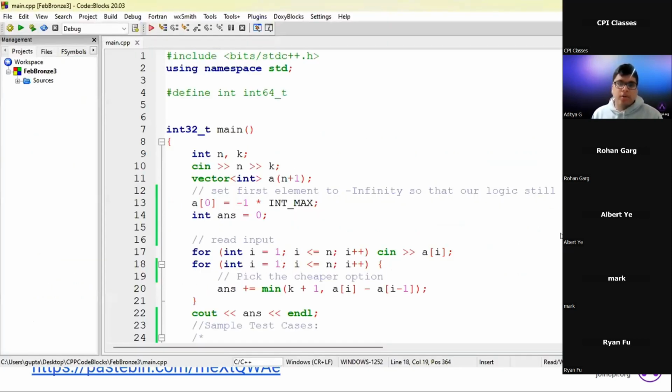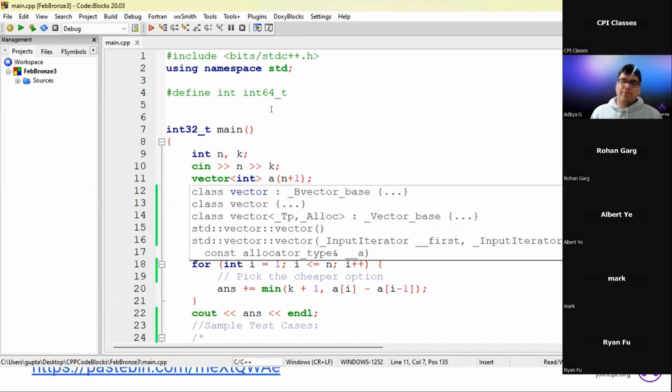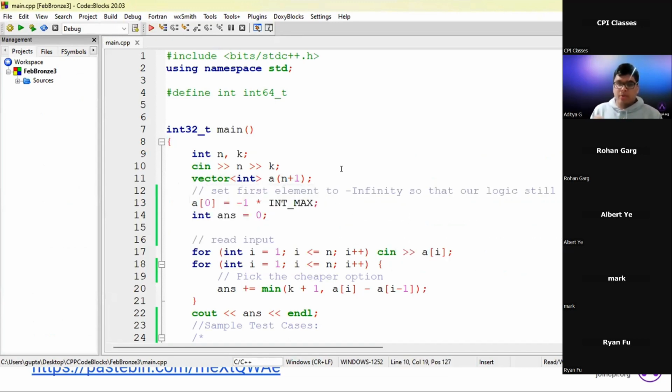All right, so first, Rohan talked a bit about this, but you set the vector size to n+1, so that way there's no problems with the edge cases. For example, here we're assuming that she has it on the ith day, and then we're looking at the next day, right? So we don't want any problems with that. Another thing we have to do to make sure there's no problem with the first case is that in the general case, we look at the ith day and then compare it to the i plus first day, right?